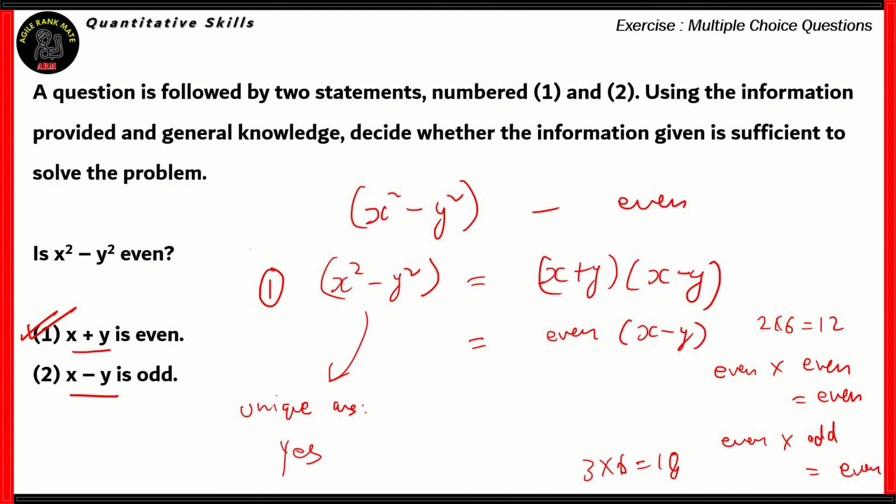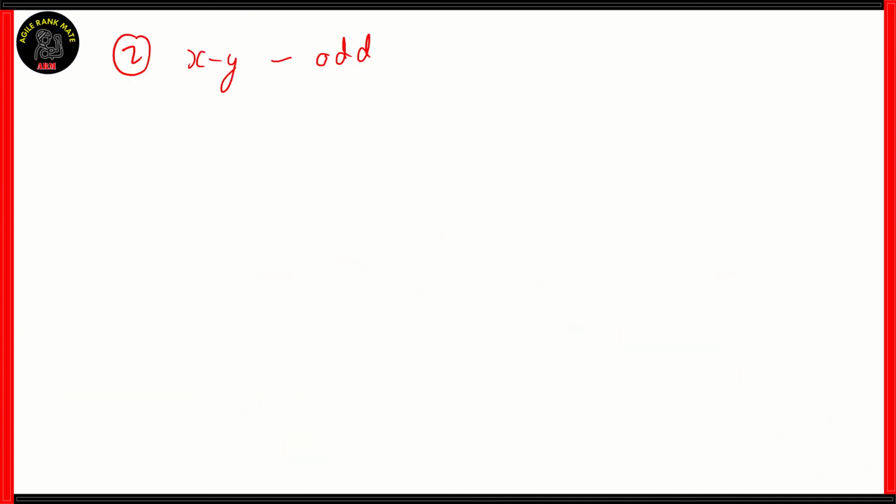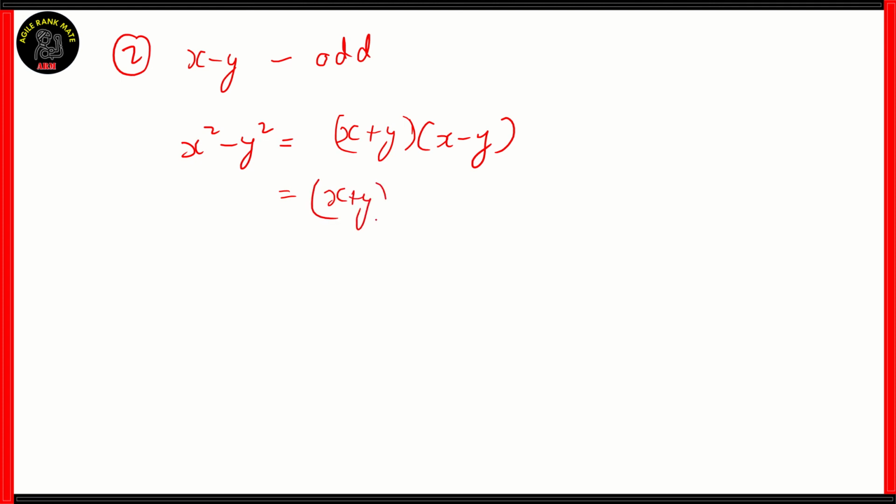Now, our question was, is x squared minus y squared even? So again, we use the difference of squares formula to get x plus y times x minus y. However, in this case, x minus y is an odd number, so we replace x minus y with odd.